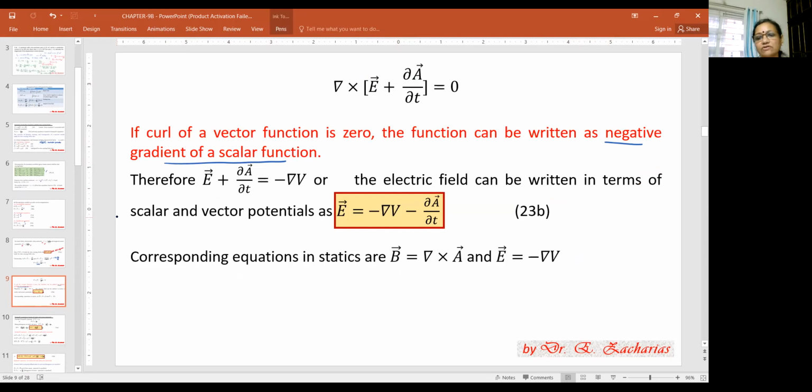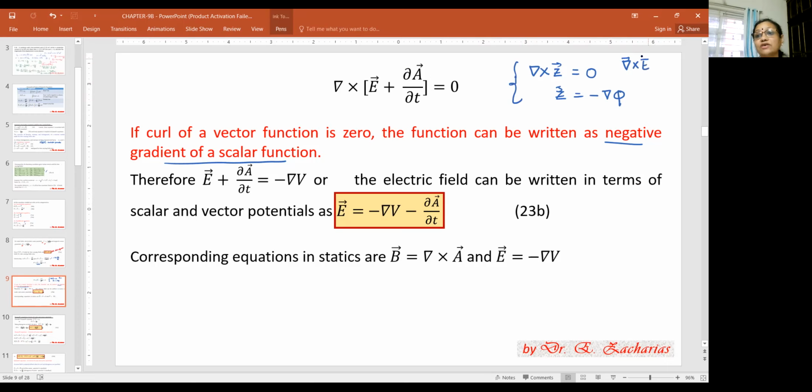If the curl of any vector, let us say some vector, what symbol shall I use? Z. If curl of any vector is 0, then that vector can be written as negative gradient of some scalar. Have we seen this before? We have seen this before, and this is something that we have used for the static electric field.